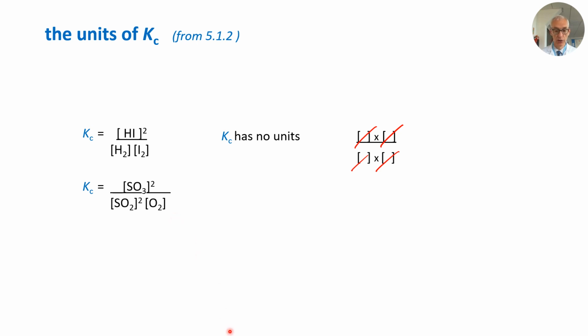Okay, so Kc is equal to two concentrations on top, three concentrations down below. So if I just do a little bit of cancelling, that leaves us with 1 over concentration, in other words 1 over moles per decimeter cubed.